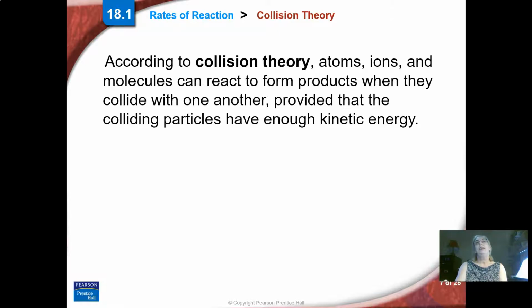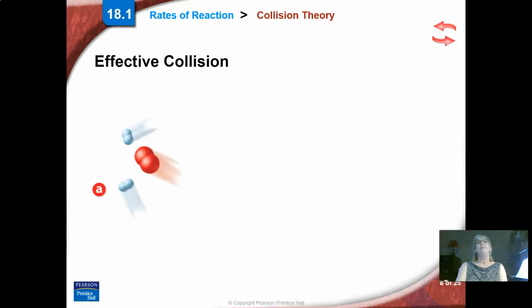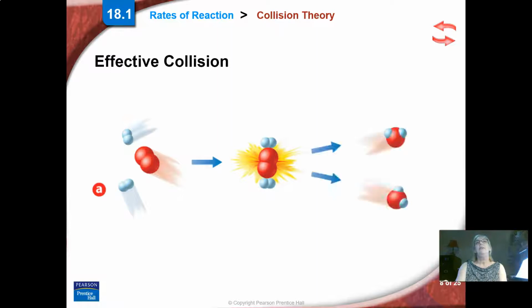But they have to have enough kinetic energy, and they have to hit in the right orientation for that to happen. So we need effective collisions with enough force. How fast they're moving is the force, and they have to be oriented the right way for this to turn into a product. Here are our reactants on the left side. They're hitting together like that, and if they hit correctly in the right orientation, they will form the product that we want.